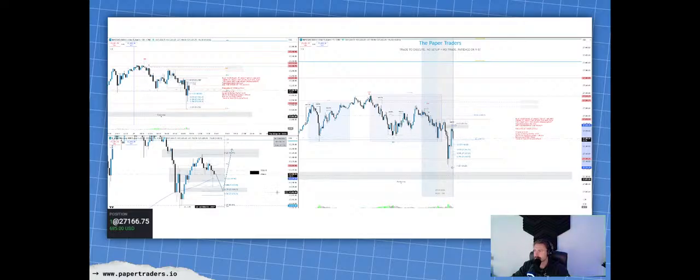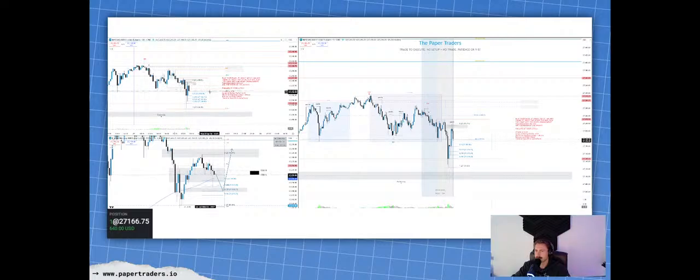So OTE right there. Retesting this inverse there. On the 15-minute, right?